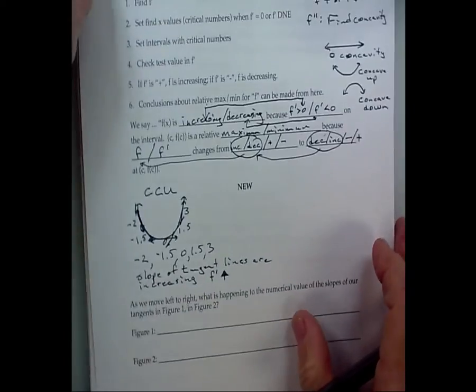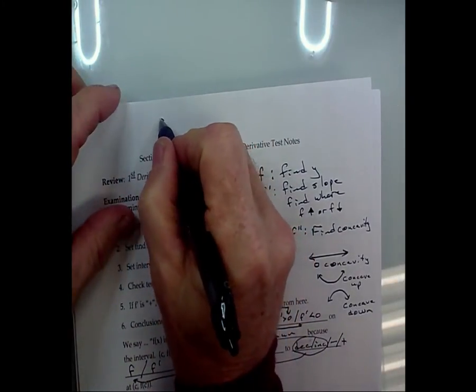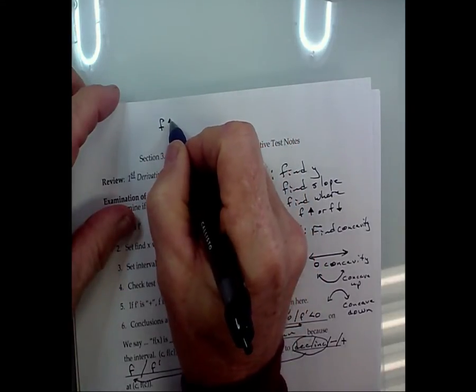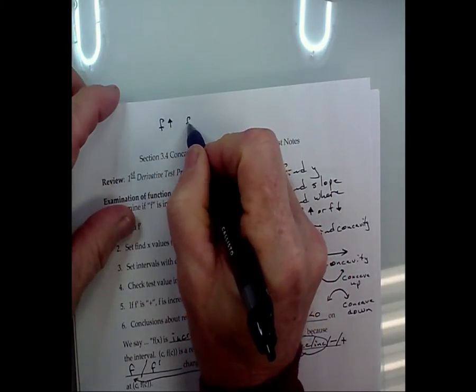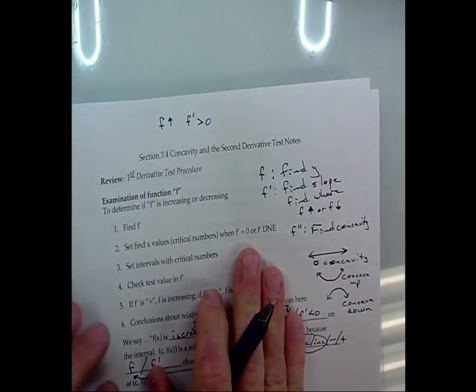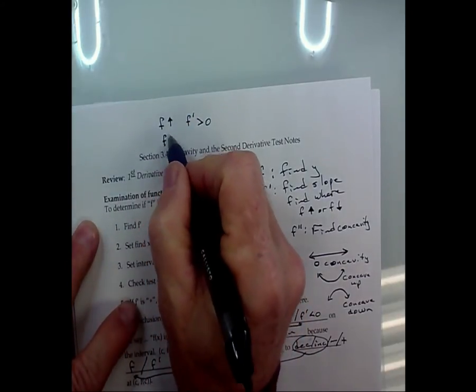Now, let's go back to here. When I had f, and f is going up, that means f prime was positive, right? Well, what if f prime is going up?